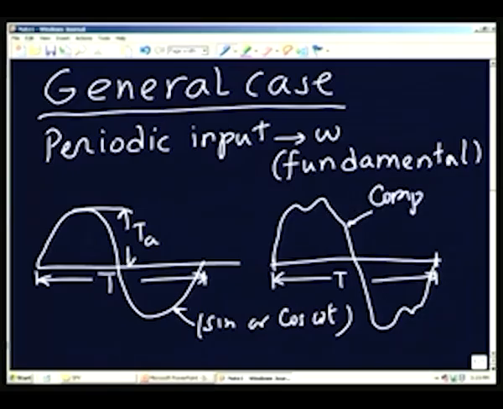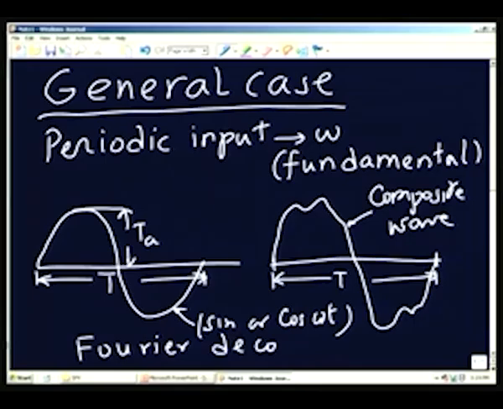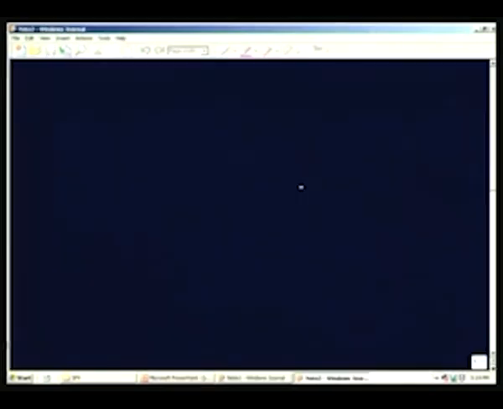That means that it is going to be given as a sum of terms like this. Okay. We can in fact write what is called a Fourier decomposition. And I will just briefly indicate this Fourier decomposition in the next page.